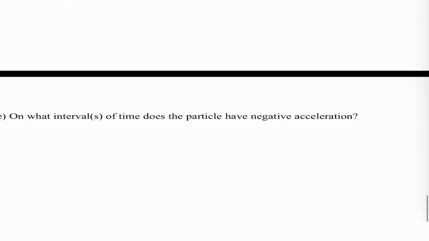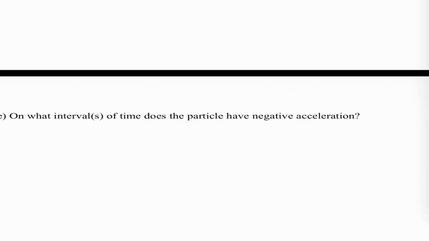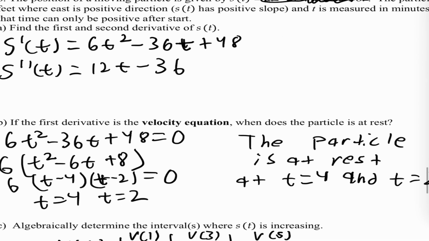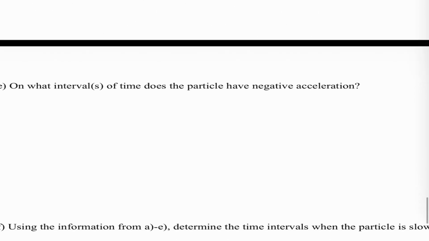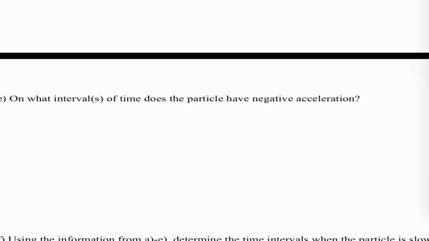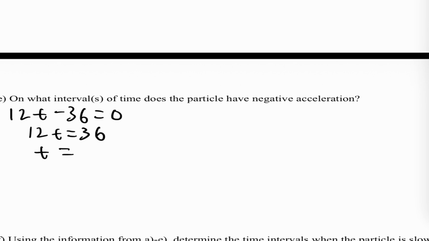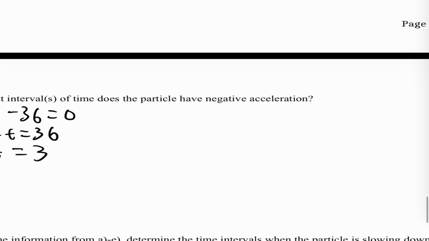Our next question asks, on what intervals of time does the particle have negative acceleration? So this time we're setting our second derivative to 0. 12t minus 36 equals 0. 12t equals 36, put 36 to the right side. Divide each side by 12 and we get t equals 3. We use this to help make our number line for our acceleration.